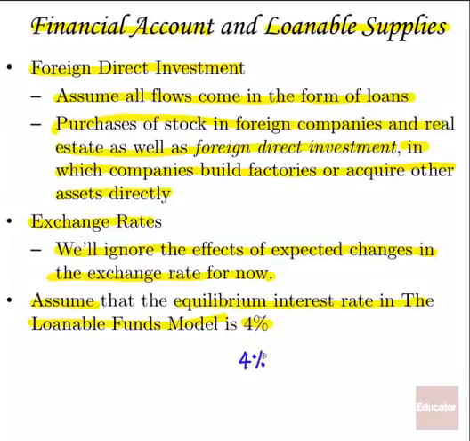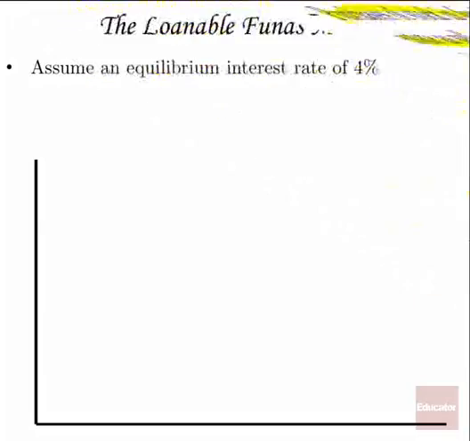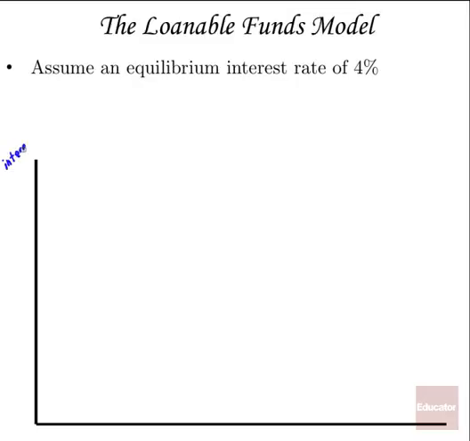That is the equilibrium, the point at which people are going to borrow and lend. So how would that look on the loanable funds graph? Again, you're going to have the interest rate right here, and then this is the quantity of loanable funds.